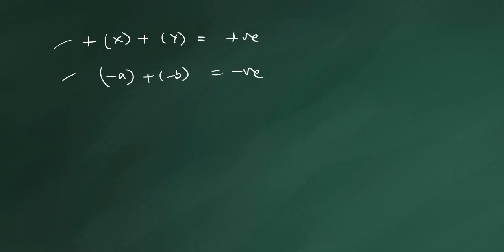Okay, next we will take an example here. They are giving a question to us. Let us see that. Add 5 to minus 3 and show addition on the number line.